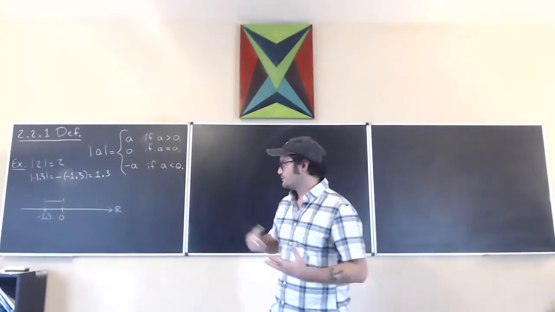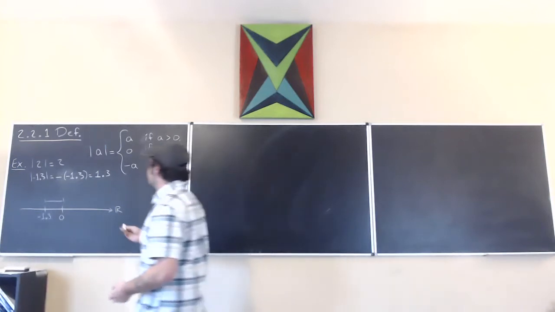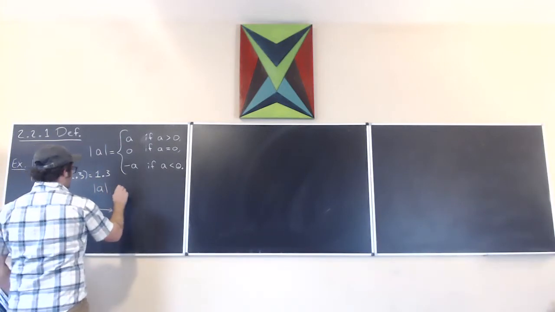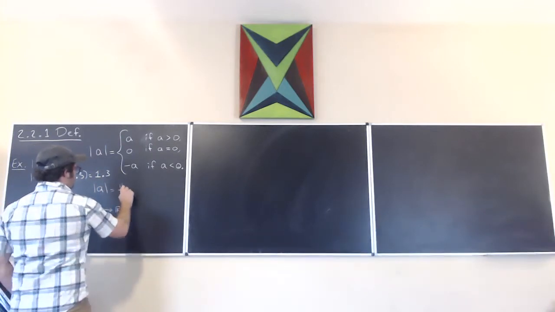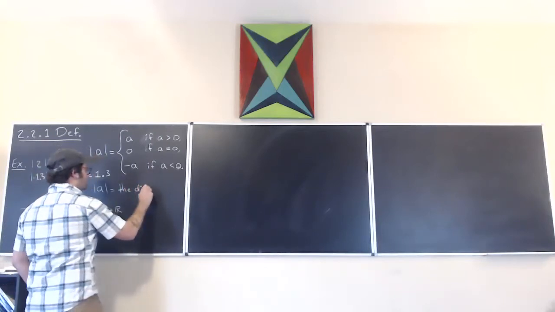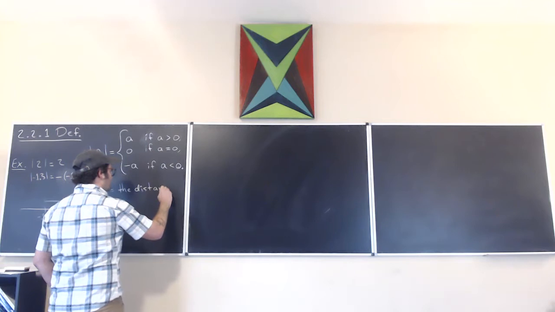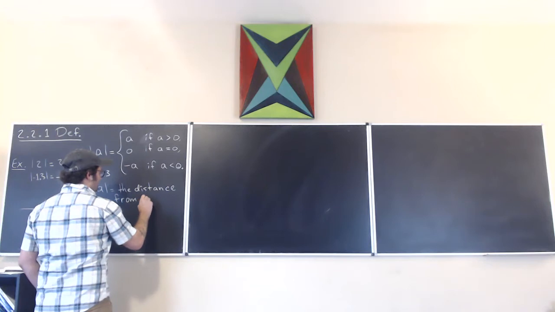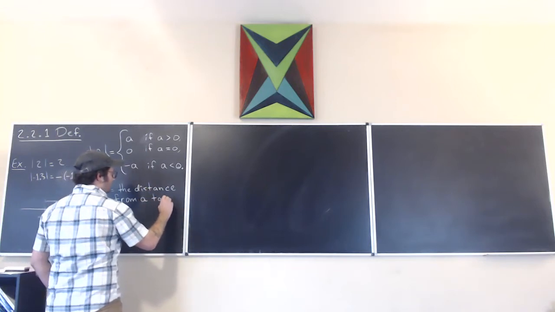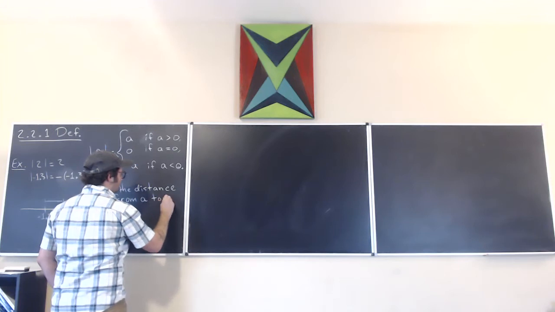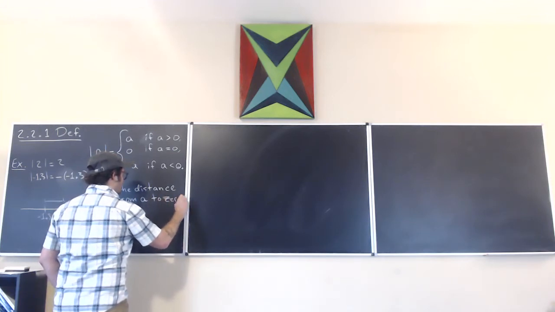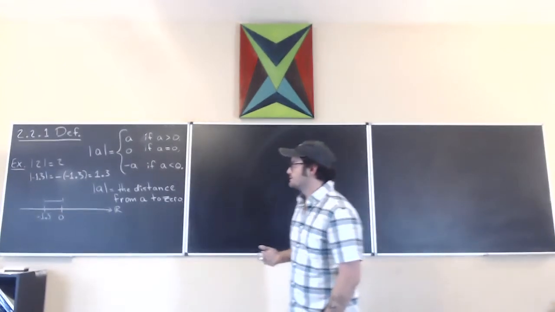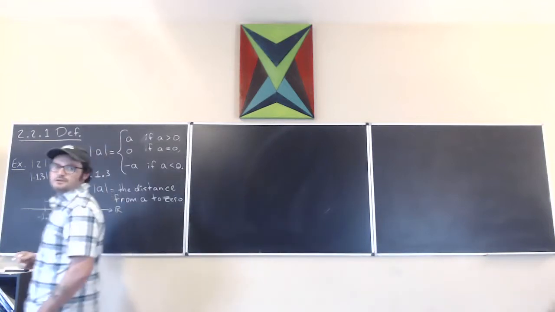Well, it's precisely 1.3 units away from 0. So you can think of the absolute value of A, or interpret it as the distance from A to 0. That's the geometric interpretation of this absolute value function on a single scalar A.